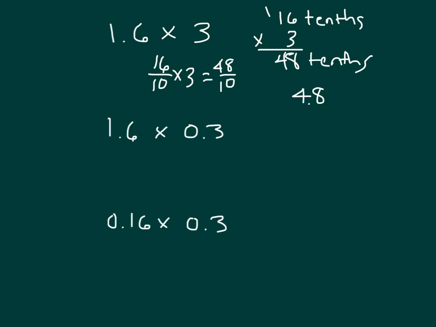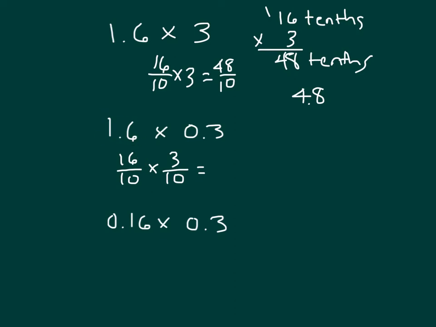1.6 times 0.3, that's also 1 6/10 times 0.3. So that's 16 tenths times 3 tenths. You can also think of that as 3 tenths of 16 tenths, or 3 tenths of 1 6/10. So that should be smaller than 1.6.